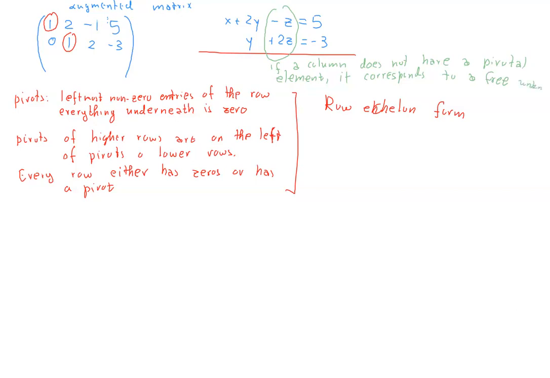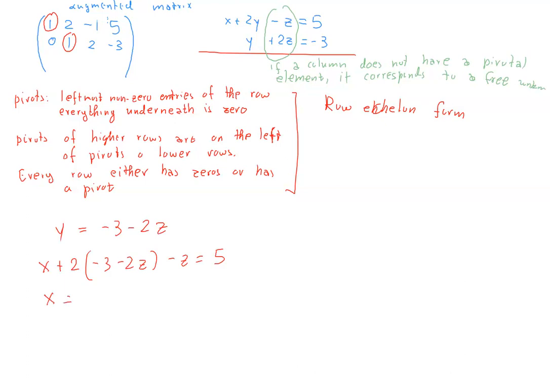So here, I would just take y to be -3 minus 2z. So I solve the last equation for its pivotal element. And then I plug it into the second one, and I solve that for x.